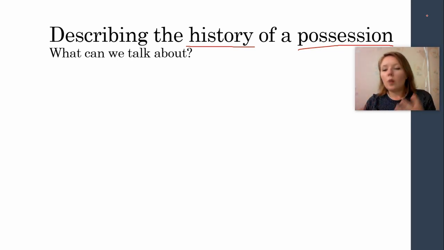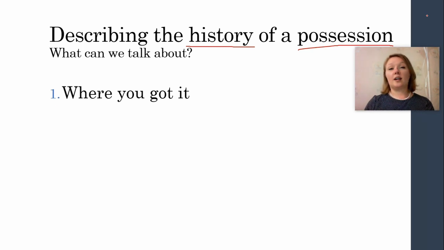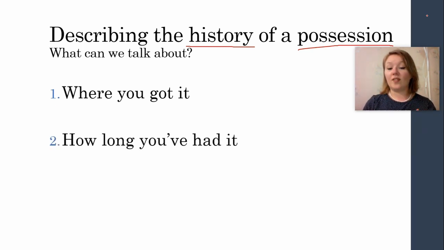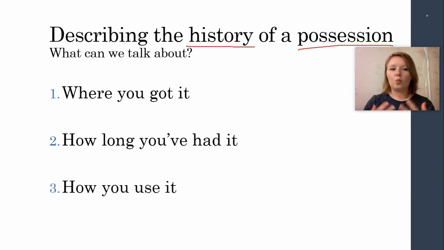So when we want to talk about our possession, what can we talk about? We can talk about where we got it, how long we've had it, and how we use it. So, this is one important way to talk about a possession, right? Where you got it, how long you've had it, and how you use it.